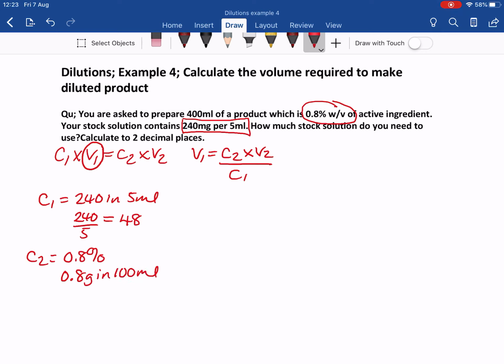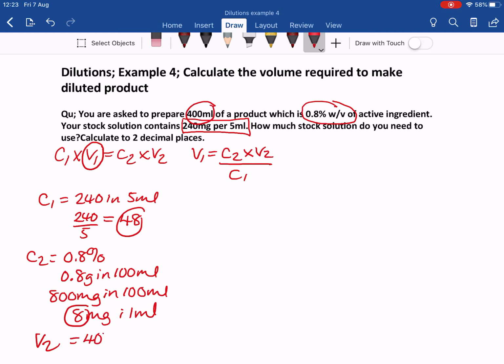If we convert that to milligrams, that's 800 milligrams in 100 ml, which means it's 8 milligrams in 1 ml. So C2 equals 8. Do we know V2? Yes, we do, and thankfully we're just given that V2 equals 400.